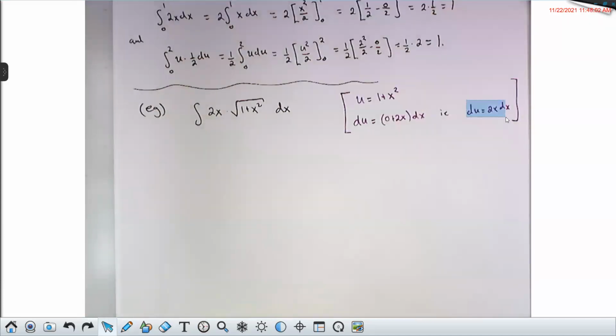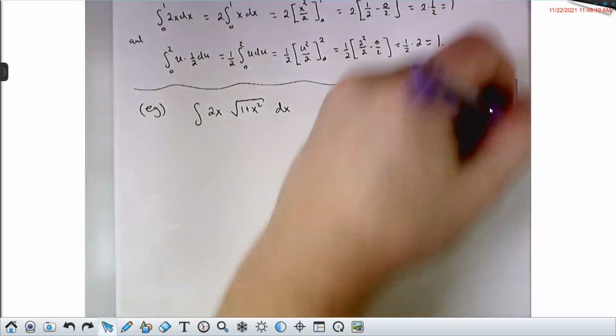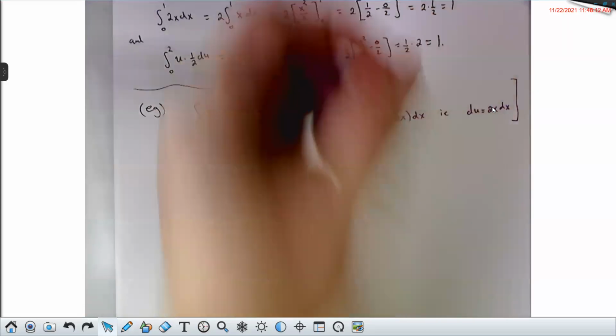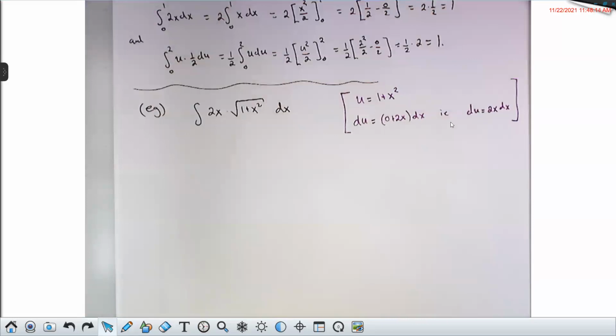So what this means is that when you make this change of variables, the x-axis gets stretched out not by a factor of 2, but by a factor of 2x. So from 0 to 1, it gets stretched out by a factor of 2-ish. From 1 to 2, it gets stretched out by a factor of 4-ish.